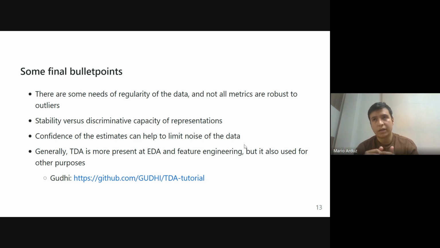There was also an example, not in the library but in the literature, where they extracted topological features out of tomography samples taken from people being tested for COVID, and these topological features used with a support vector machine gave a predictive quality pretty similar to deep learning models. So that was really nice to see.